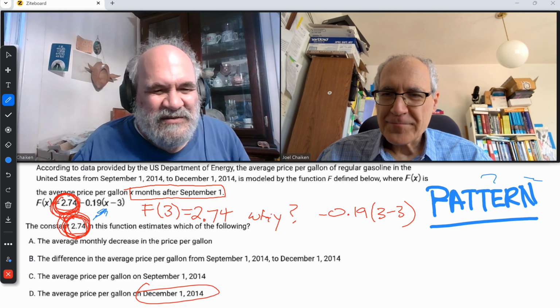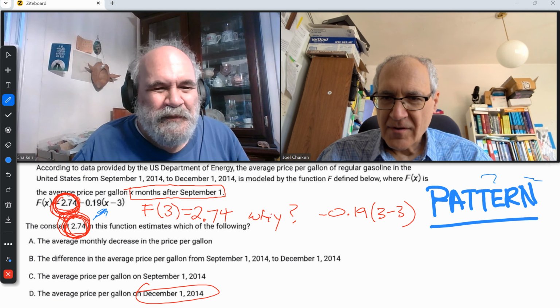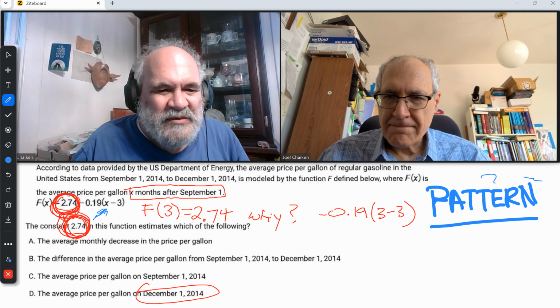It's a number. And I think it helped me to briefly skim the choices, to see what they were getting at.